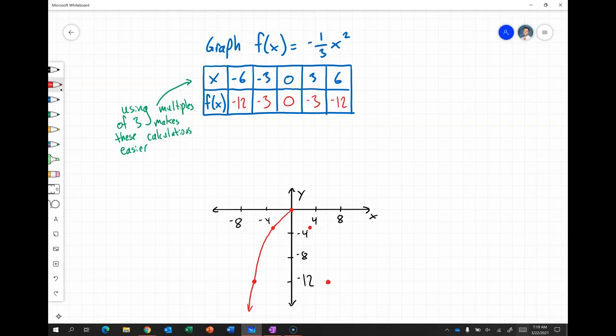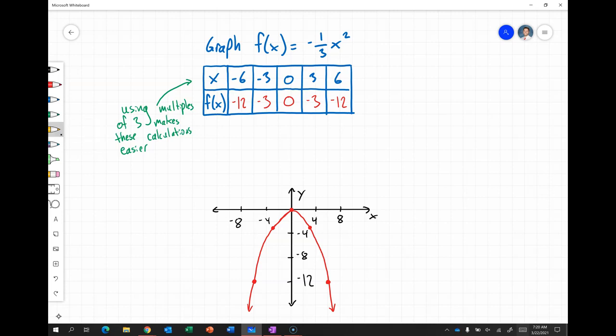And so for this one, we can see that this is concave down rather than concave up like the parent function, f of x equals x squared. We can see that is because of this negative a value. So we're multiplying negative 1/3 times x squared, and that's causing this graph to be concave down.